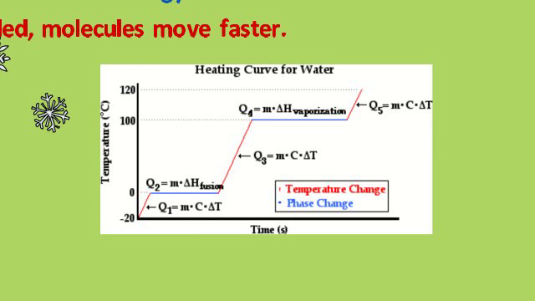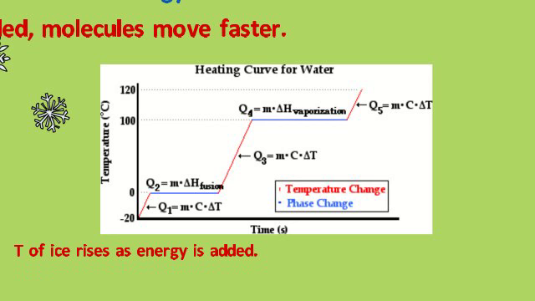Let's take a look at the heating curve of water. Remember this: if I took a chunk of ice and stuck it on a burner or a hot plate and just kept it going, the thermometer wouldn't look like you would think it would look. At first, the temperature of ice rises as energy is added to the system, and you can see it's going from -20 to 0.